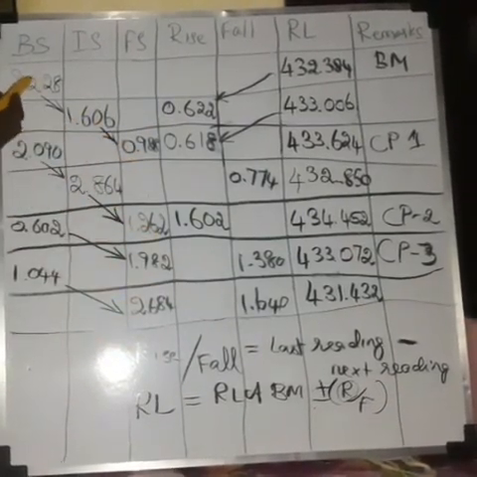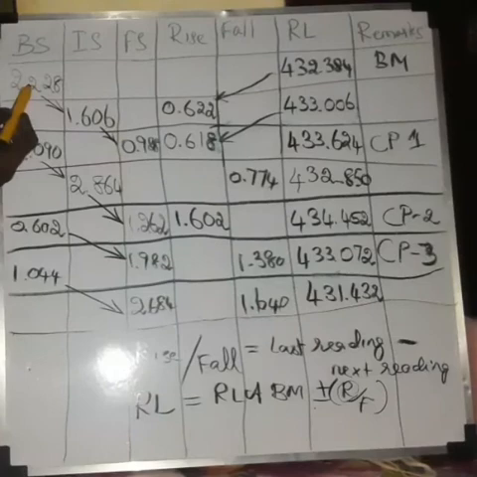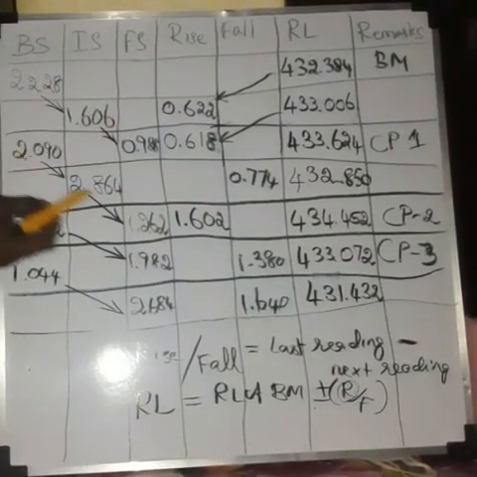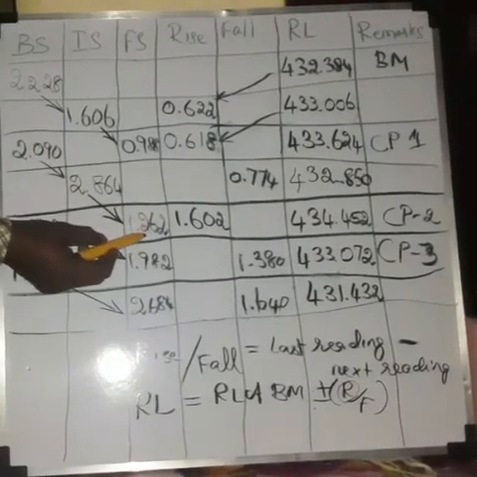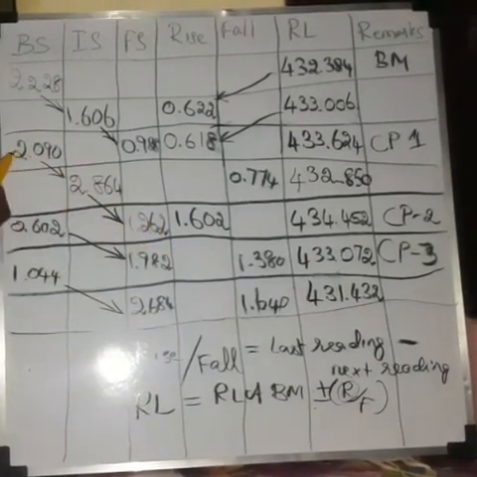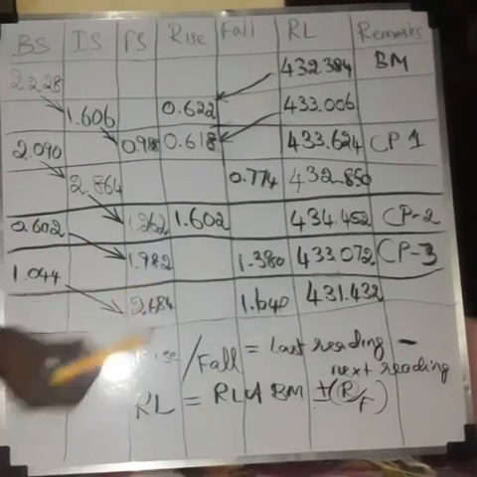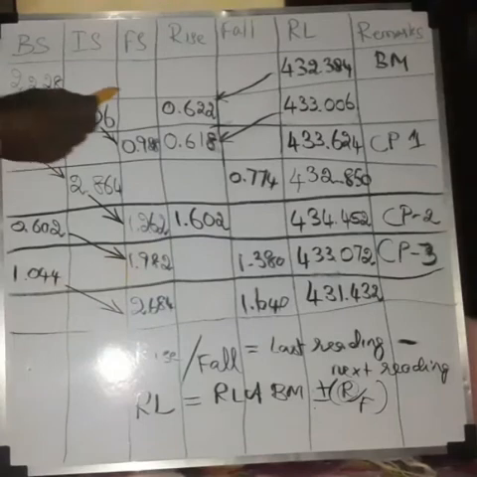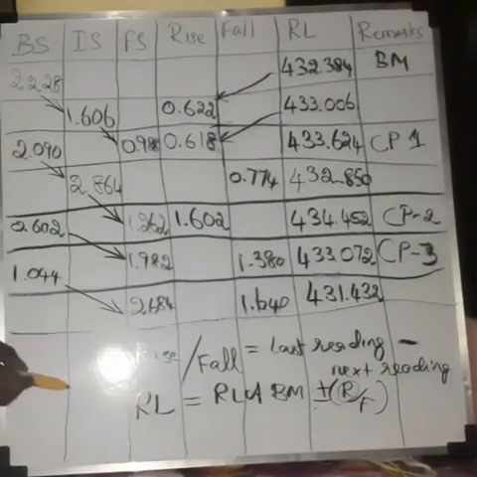So I can enter the first and last reading as backsight and foresight values. The remaining is intermediate sight. In the second session also, after the sixth one the instrument has been shifted. So I can write like this. At the eighth station also the instrument station is changed. So these are all the given observations.